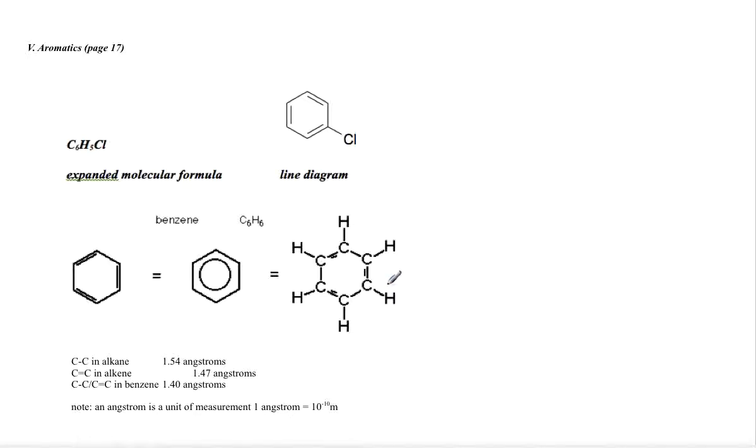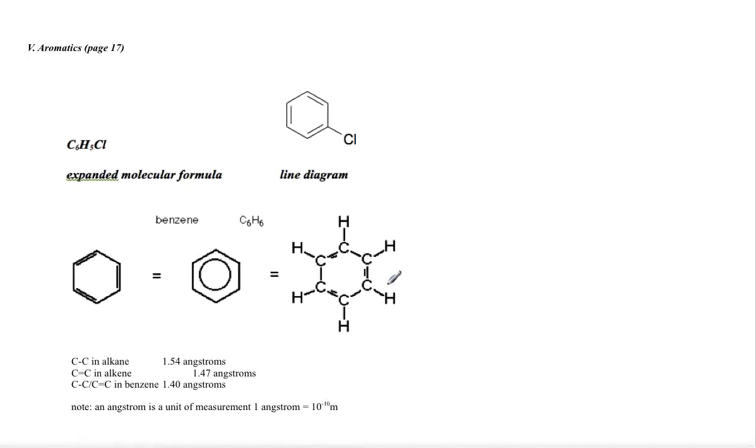Alkenes are actually quite reactive and easily react with things like chlorine and bromine and iodine, whereas benzene in the same conditions doesn't tend to react with these things. So they've been put into 2 separate families because they have properties that are different from one another.